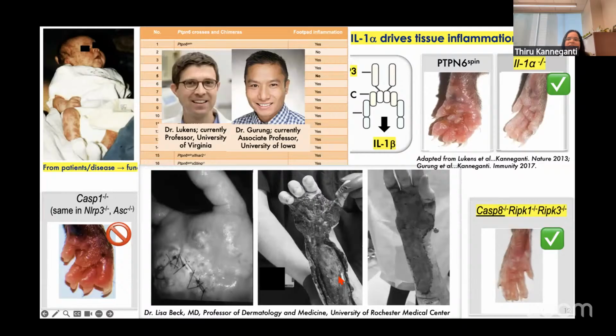But as soon as they saw our studies on this skin inflammatory disease, they put this person on IL-1 blockade, and you can see that the wound healed and he was able to rescue his hand. So that's the importance of really understanding. It's worth all our efforts to really understand the pathway and the molecules involved.